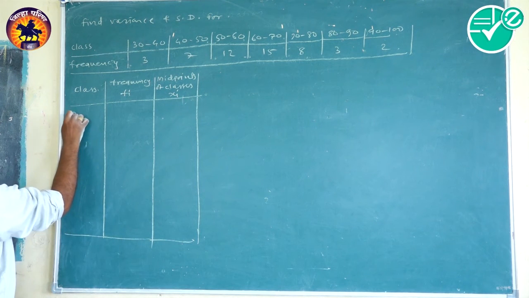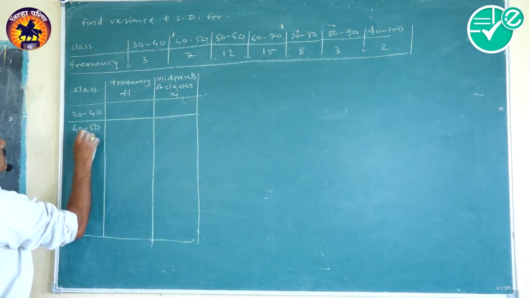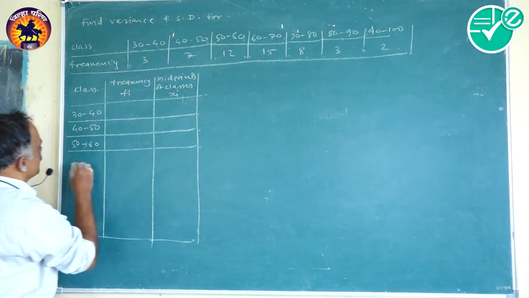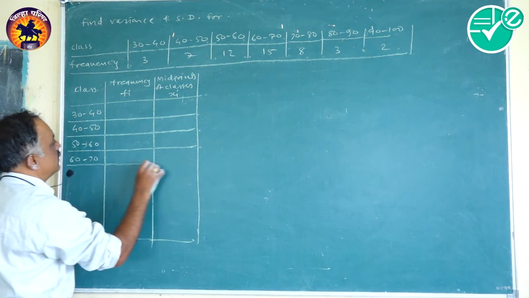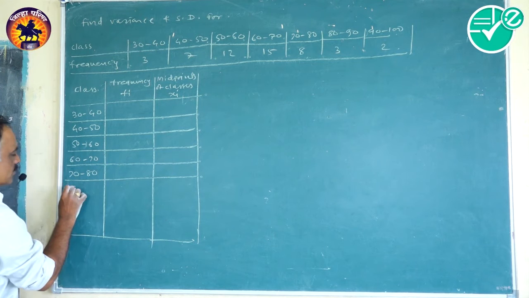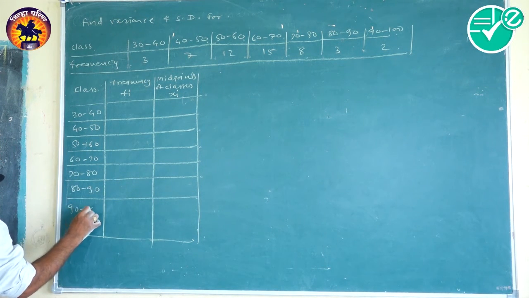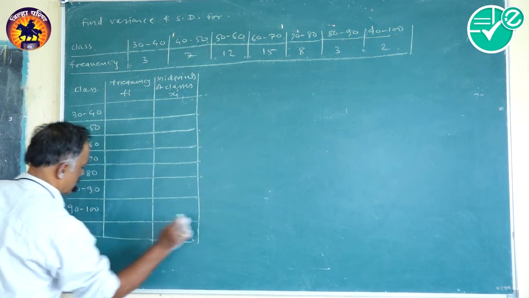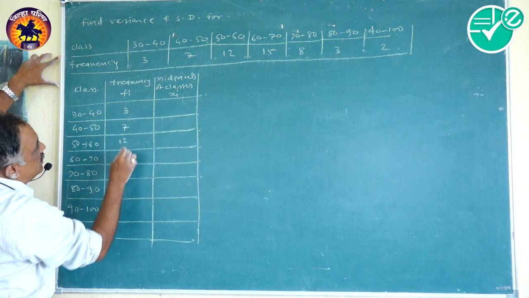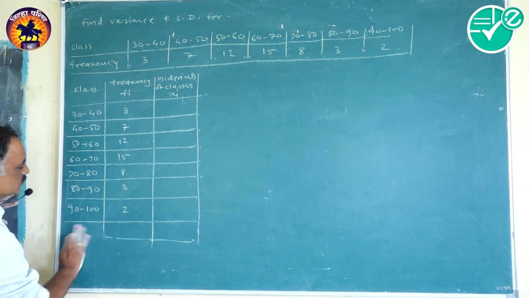The first interval is 30 to 40, then 40 to 50, 50 to 60, 60 to 70, 70 to 80, 80 to 90, and lastly 90 to 100. Their frequencies are 3, 7, 12, 15, 8, 3, and 2.